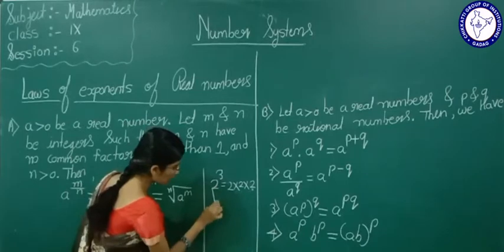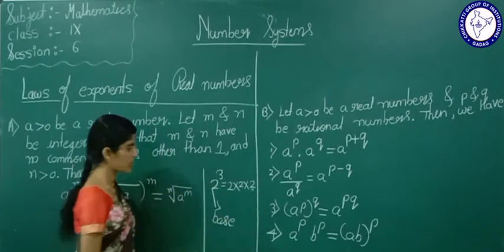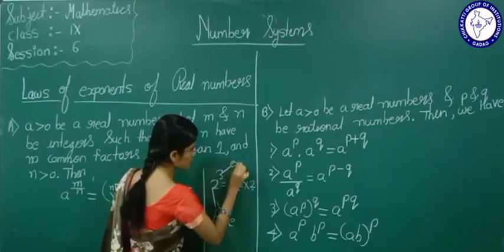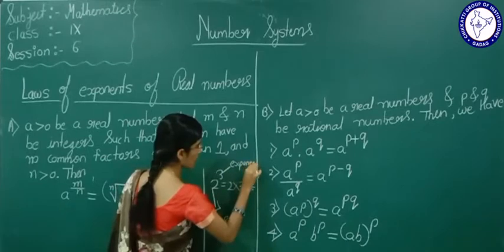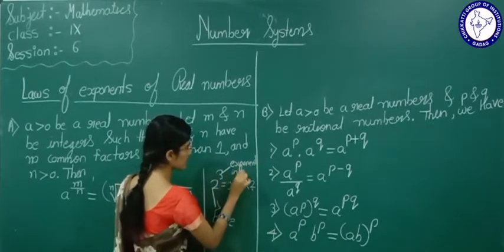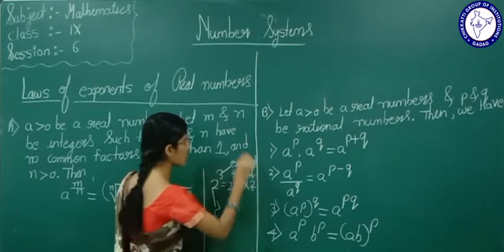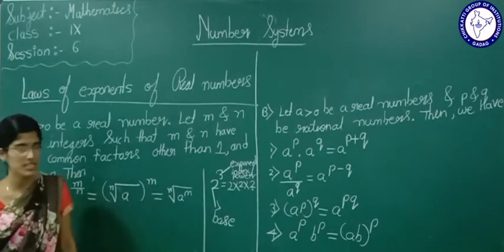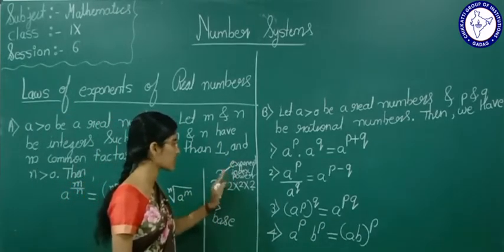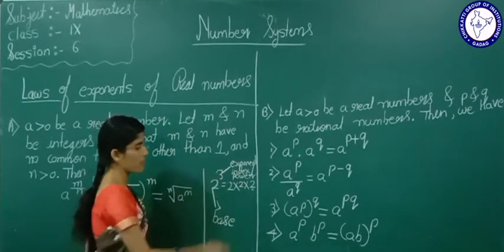Here 2 is called the base and 3 is called the exponent. We also call it by one more name, index or power. You are very familiar with this. How are we going to read this? 2 raised to the power 3.